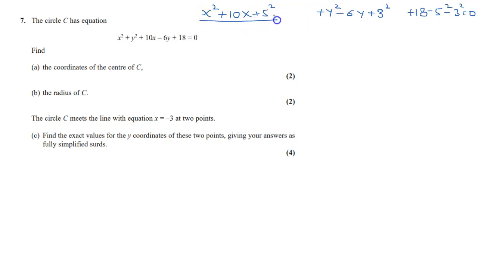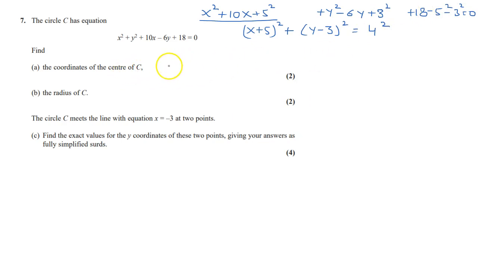Now this gives me x plus 5 square plus y minus 3 square, and 5 square is 25 minus 9 plus 18, so that will be 16. So this is 4 square.